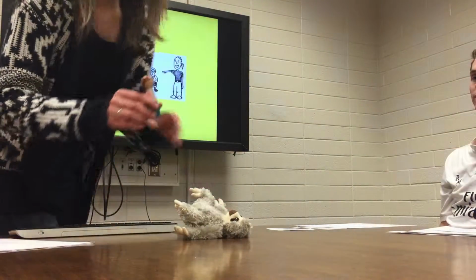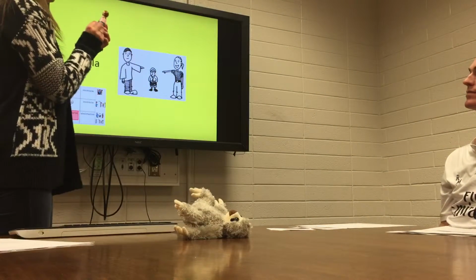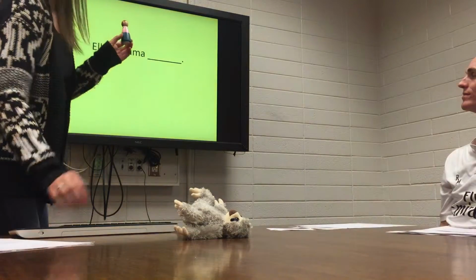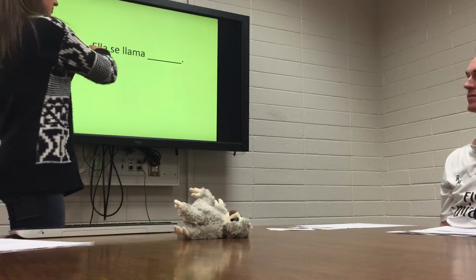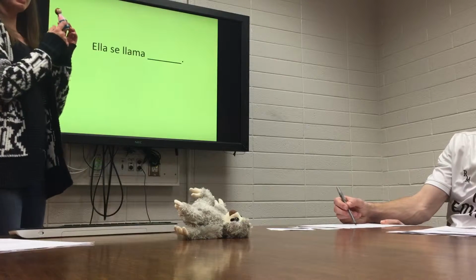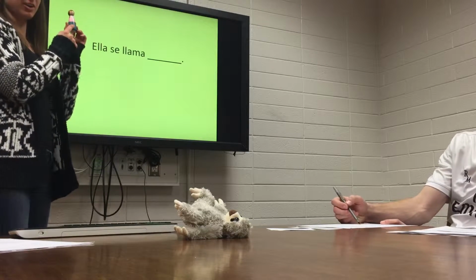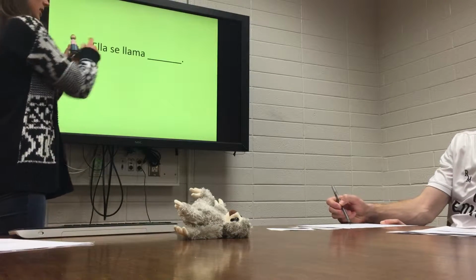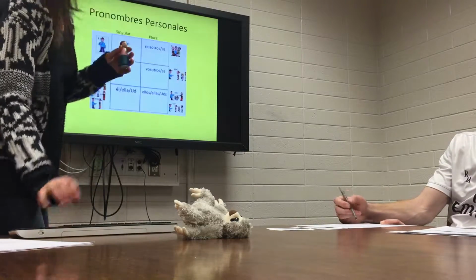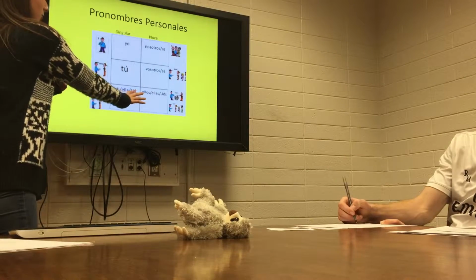Ella, got a little girl, you can see her hair. Ella, and those of you following on the slides, feel free to fill in the names I'm saying here. Ella se llama Sarah. So her name is Sarah. So again, we have the se llama, so we're not sure if we're saying him, her, or you formal.